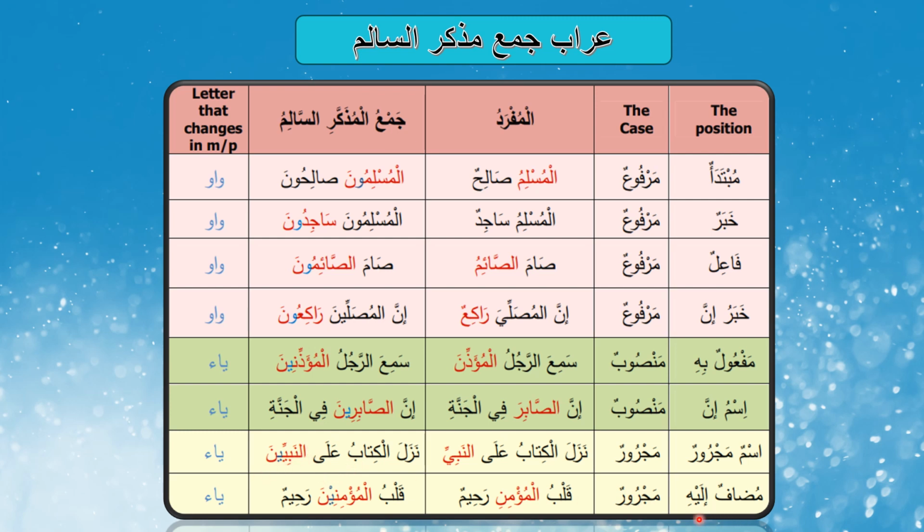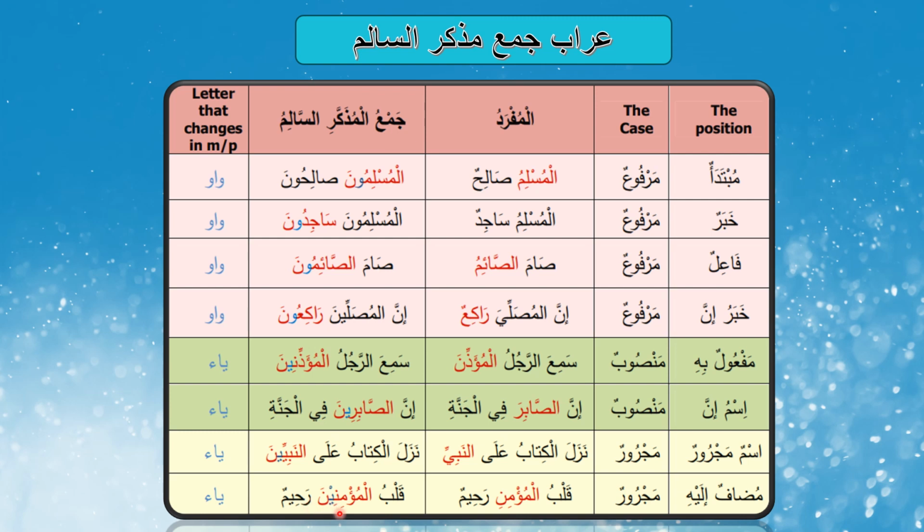Mudafun ilayhi. Let's see. Qalbul mu'mini rahim. Qalbul mu'mini is idafa and al-mu'min is in the place of mudaf ilayhi. Let's check when it's made into plural. Qalb is not made into plural, there is only one heart. Qalbul mu'minin.